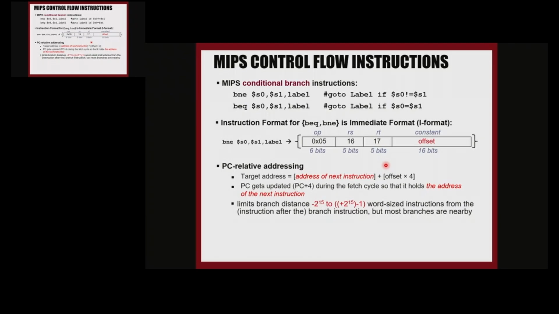Okay, if I have, for example, BEQ, S0, S1, and loop, then I go and check the label for loop and see how many instructions I should move forward or backward to go to the loop. So the offset is not telling me the address, it's telling me how many instructions I should move forward.